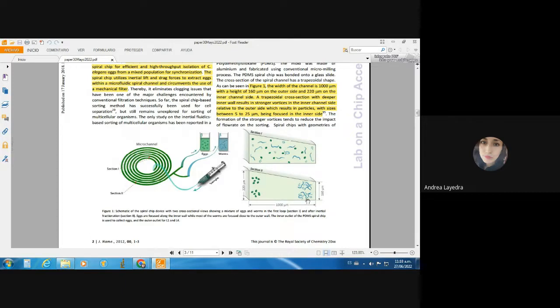Trapezoidal cross-sections with a deeper inner wall result in stronger vortices on the inner channel side relative to the outer side, with particles between 5 and 25 micrometers being focused on the inner side. The formation of the stronger vortices tends to reduce the impact of flow rate on the sorting. This device has 6 spiral loops with inner and outer radius of 2 and 6 millimeters respectively.